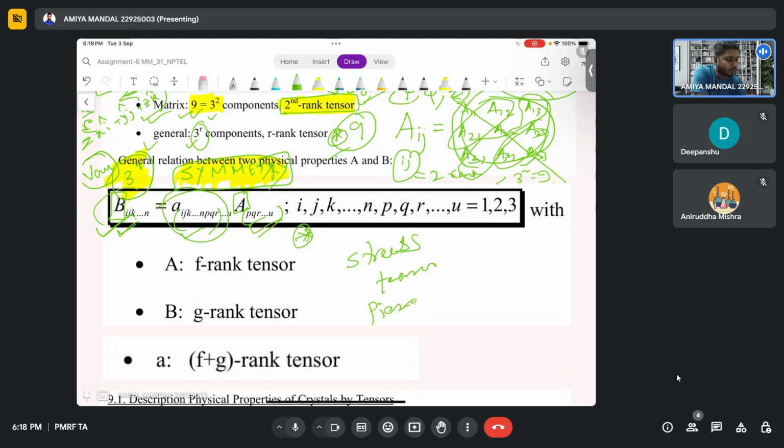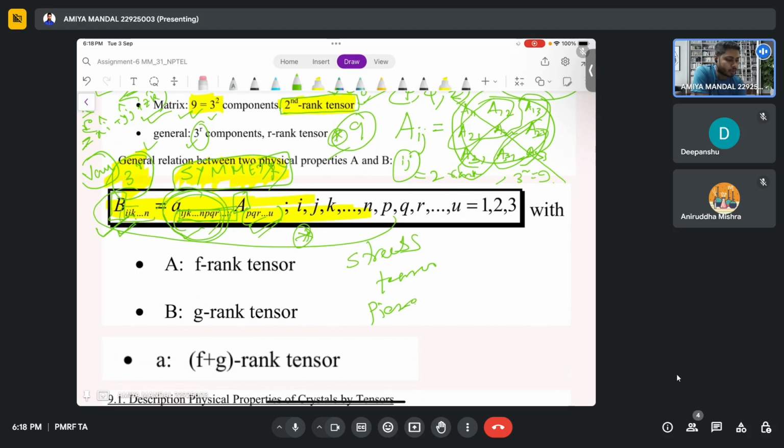On the basis of this multiplication concept, when we take i to r values and n up to u values, we are taking the total values of the rank concept.